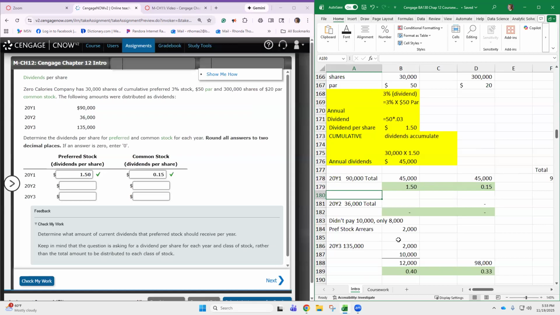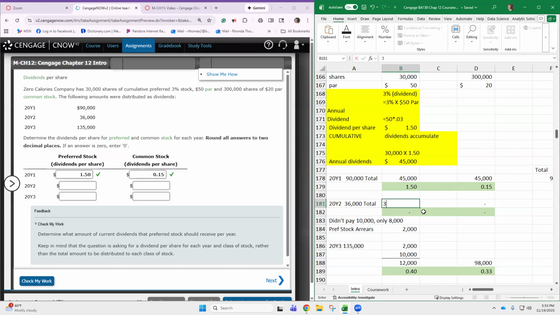They distributed a dividend that took care of all of the preferred and had some left over for the common. The second year, that's not going to be the case. The second year didn't meet the $45,000 guarantee, right? Nope. So all of this is going to go out to preferred, and common isn't going to get anything.